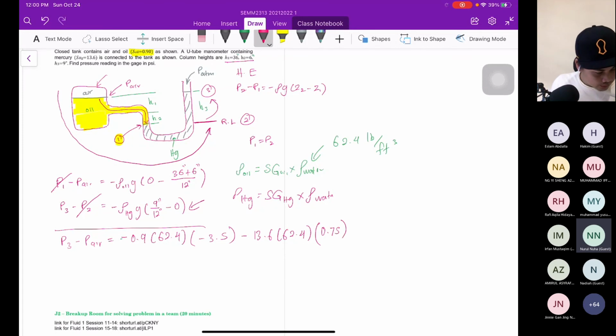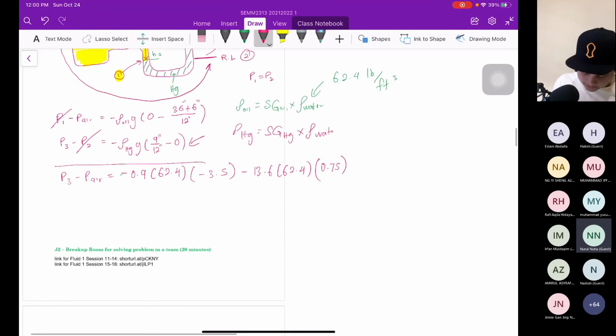So the final answer is negative 439.92 lb per feet squared.